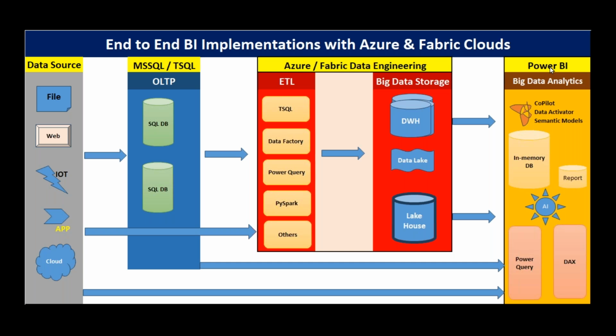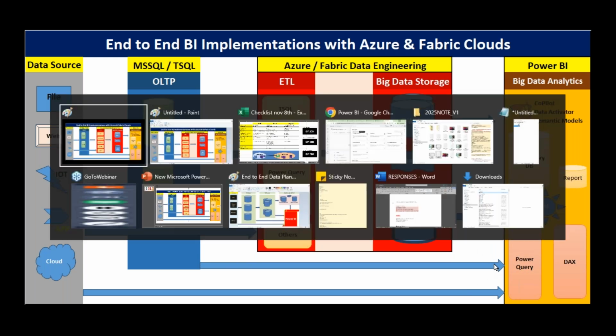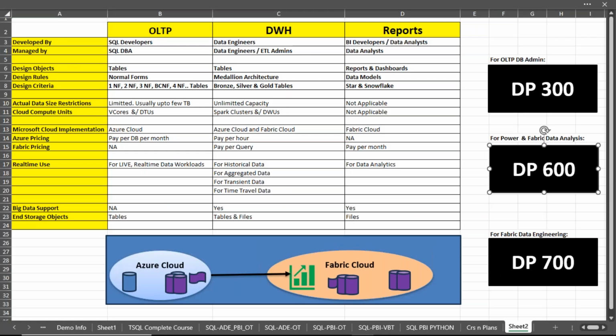For data analyst roles, from database you directly go to Power BI, skip the engineering part, and that becomes analytics. That's the reason I have two certifications on my screen here. DP-600 is directly analytics. DP-700 is engineering, both Azure and Fabric engineering.